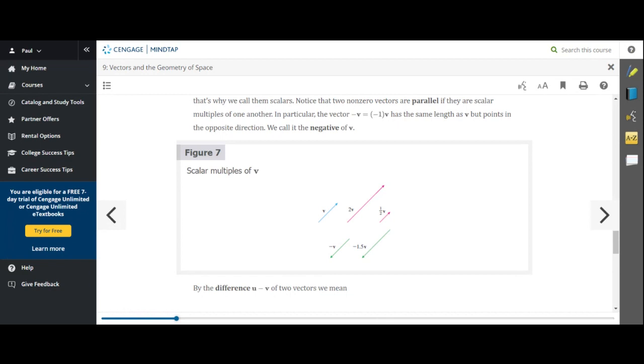All right, so that's just scalar multiples of v. Are there any questions on that? We would think of it as, I want to be a little careful here, I guess a reflection about the origin. That's how we would think of it, Mario. When you have a vector and then you take the negative 1 of that vector, it's a reflection about the origin.